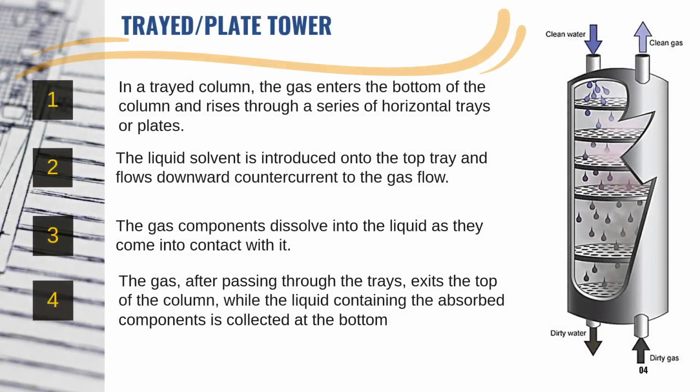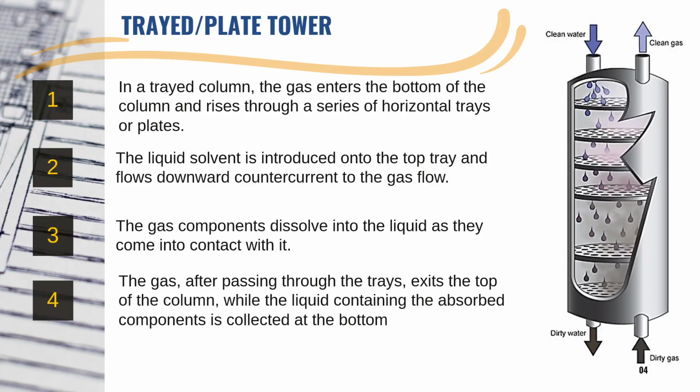Alright, so before we go further, I want to describe the process of gas absorption using a tray tower. In a tray column, the gas enters the bottom of the column and rises through a series of horizontal trays or plates. Since the gas absorption process is sometimes used to clean a gas stream, this gas stream is sometimes called dirty gas.